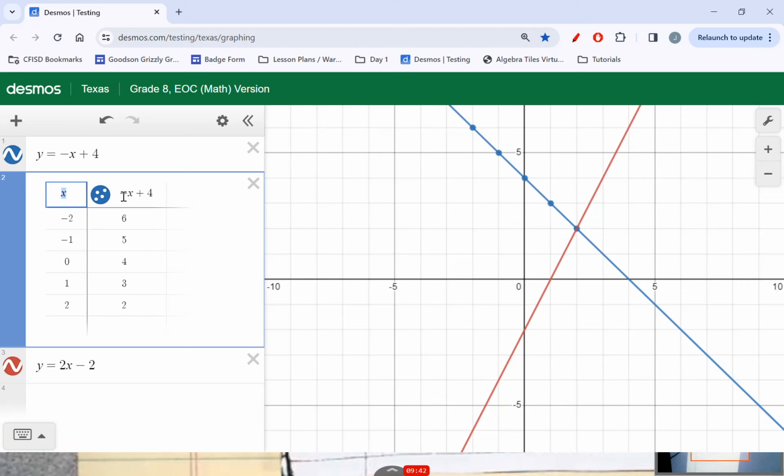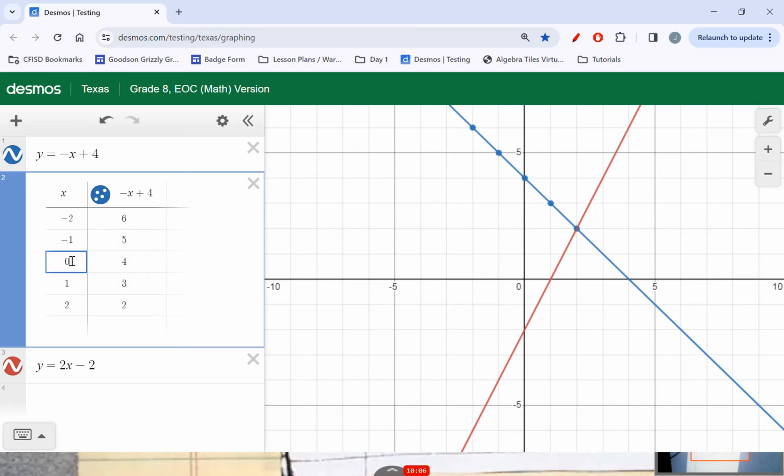There's no x1, there's no y1, it's just x, and then the expression that is equal to y. Y equals negative x plus 4. So instead of putting y here, they put negative x plus 4 because they're equal to each other. And you'll see that it basically is plugging in all these x values and telling you what the y values are for each of them.